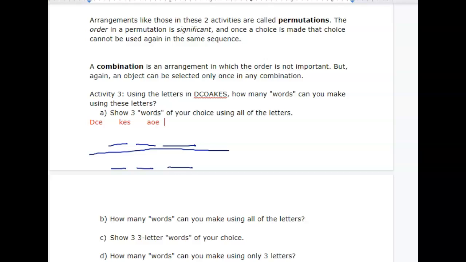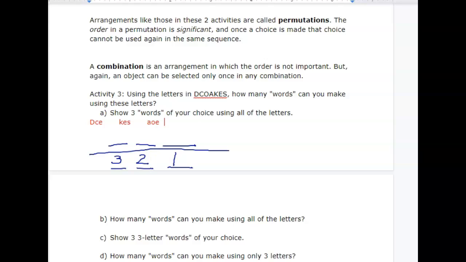So let's talk about that: 3, 2, 1. Once we start choosing our 3 letters, we have 3 letters to choose from. So if I say everybody write a word with D, C, and E, we have 3 letters to choose from and then 2 letters and then 1. So we really only have 6 ways to arrange this combination.